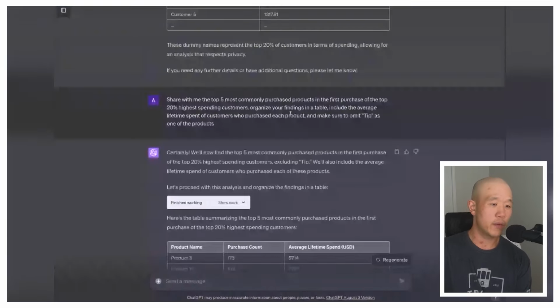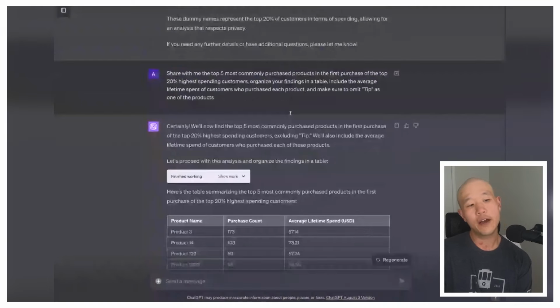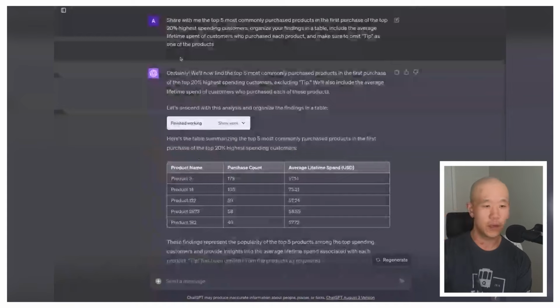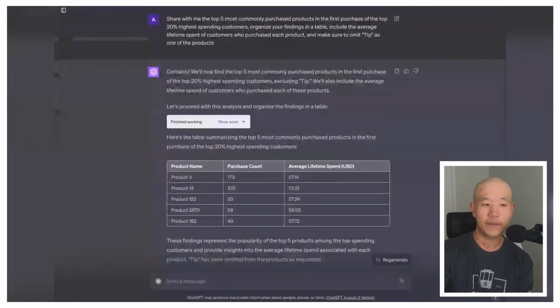The next prompt that I threw in was: share with me the top 5 most commonly purchased products in the first purchase of the top 20% high spending customers. Organize your findings in a table, include the average lifetime spent of customers who purchase each product, and make sure to omit tip as one of the products. And so it spat it out. And this is really cool.